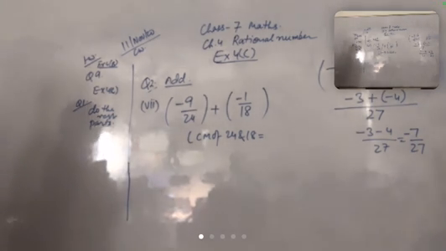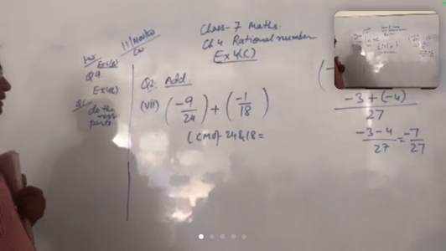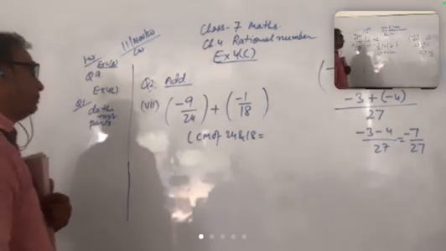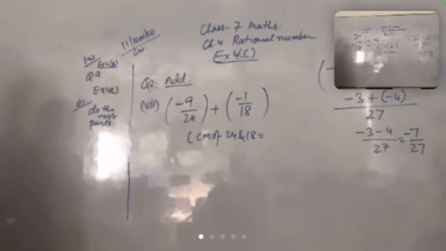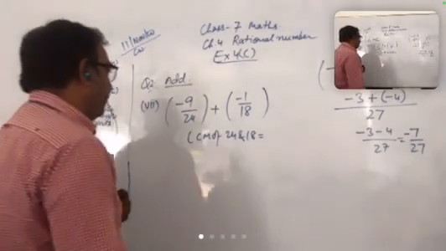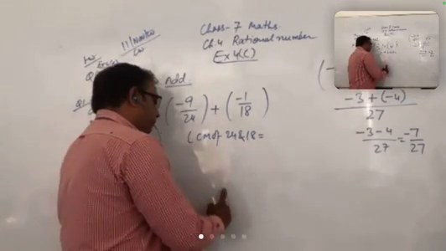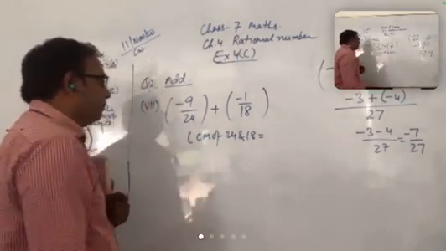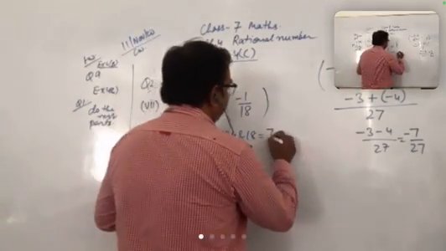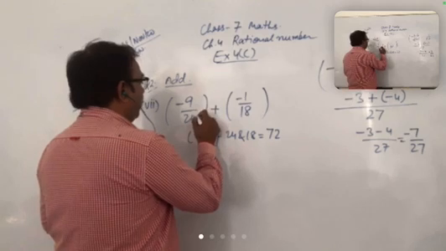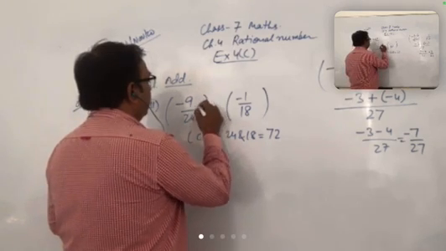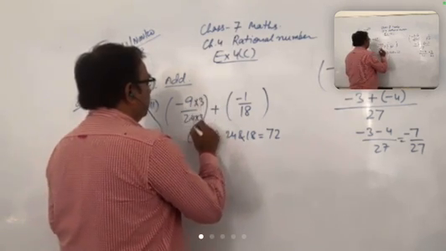What LCM do you have to find now? Anyone? Ankesh? Without finding the LCM, are you able to tell me what is the LCM of 24 and 18? Yes. Then how do we make the denominator same? 24 times 3. Mute your voice, please.